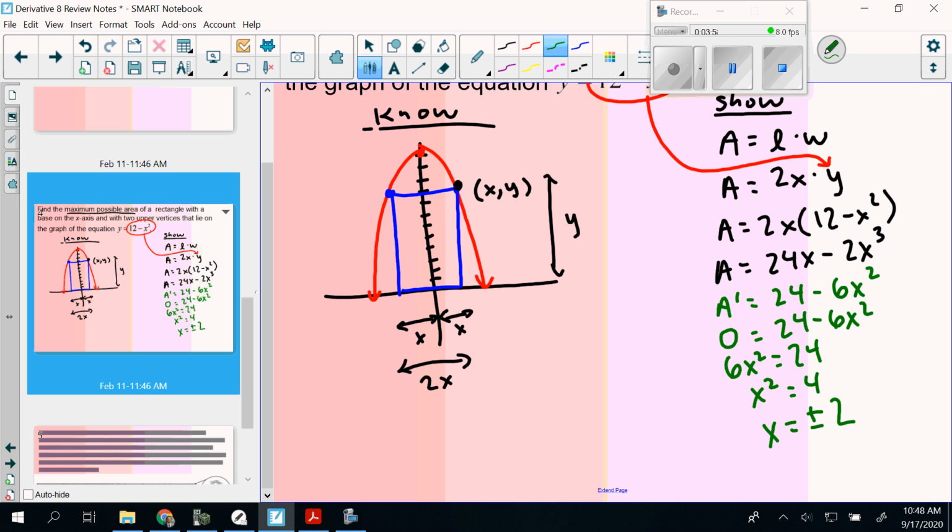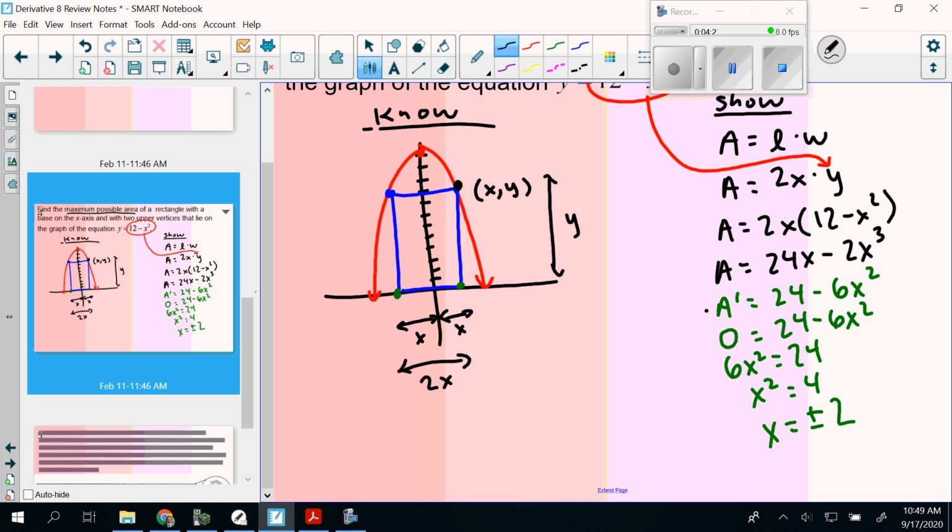Which one is the one we want to go with? Actually, x could be either positive 2 or negative 2, but if we want to find the maximum, we're going with positive so we find the positive area here.